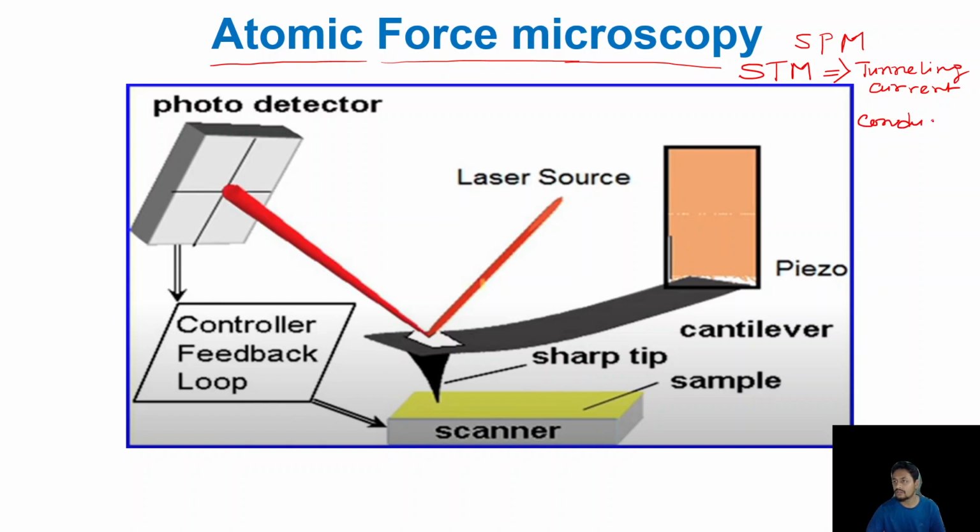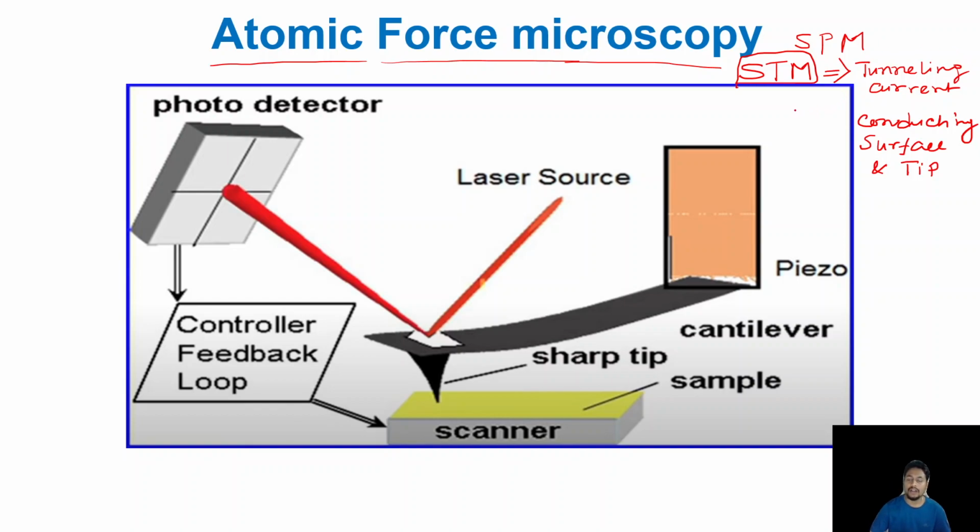Conducting surface and tips are required in case of STM, because we are measuring the current, and that's why this technique is limited towards the conducting surface, like some kind of metallic deposition can be measured.